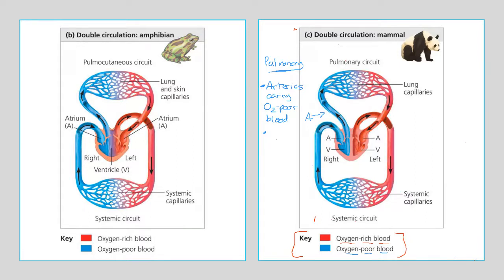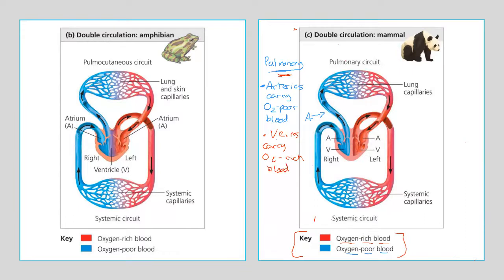So what are the veins going to be carrying? Give me a second, let me do this just to keep consistent with the labeling. In the pulmonary circuit, veins carry oxygen-rich blood.